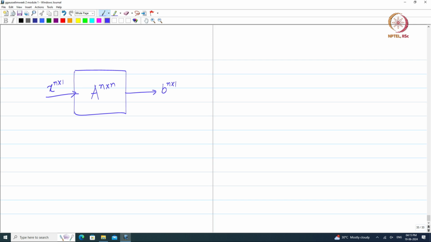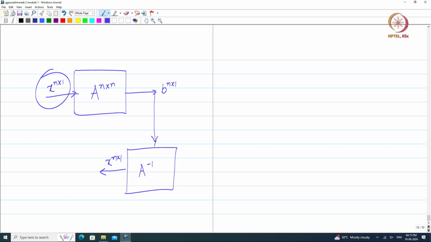We said that if the matrix is invertible, instead of solving for Ax equal to b, you feed this b as an input to the inverse of the system. That means you feed b to A inverse and you get the output from A inverse, which was basically the solution that we looked for, x, n by 1. That is exactly what we did.